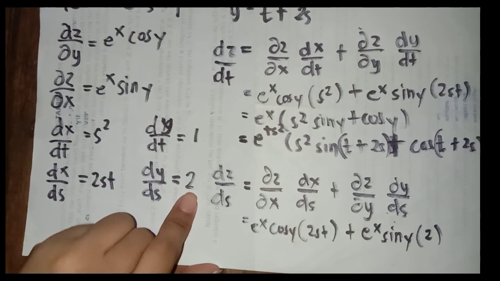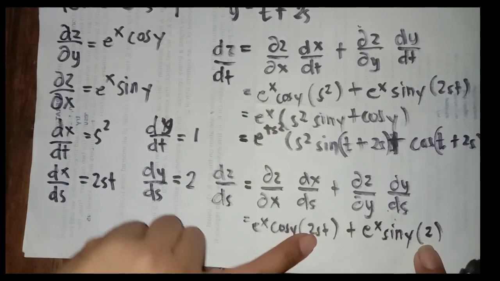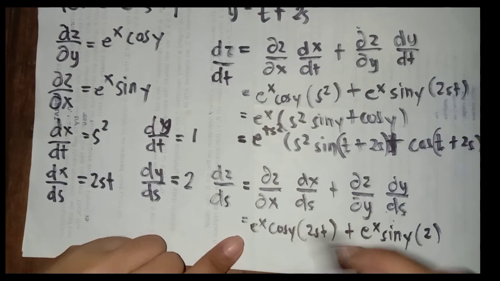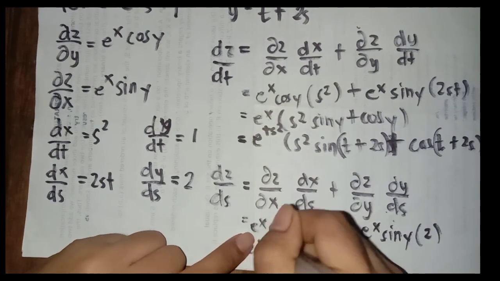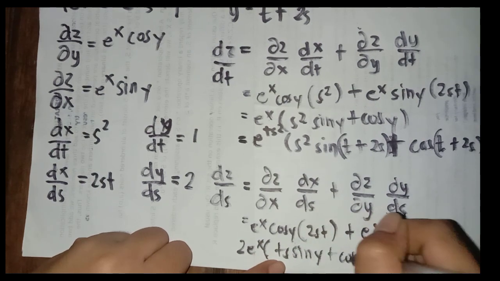And then we will combine like terms because we will have 2 and the e raised to x. So 2 e raised to x times sine y plus cos y.